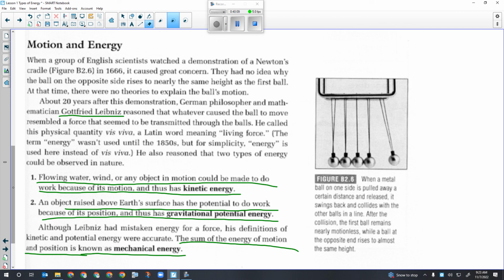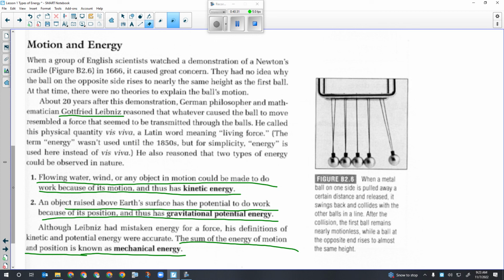So the idea here is that within mechanical energy, an object can have kinetic energy or potential energy or both. If something is above the ground and could fall, it has gravitational potential energy.